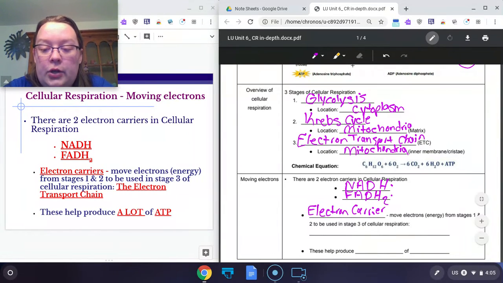So again, electron carriers are required to carry or move around electrons, which are later going to be used to make energy during the electron transport chain.